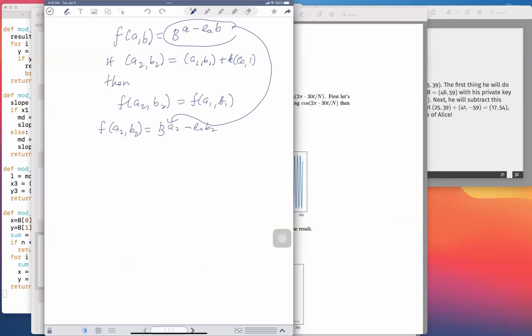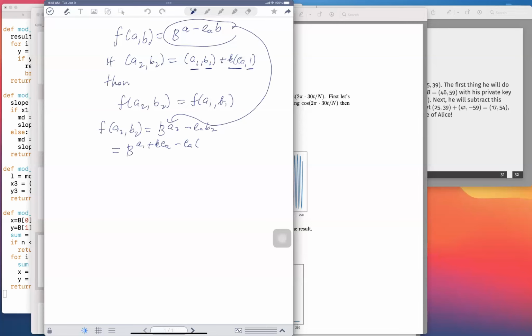But we know that A2 is equal to A1 plus K EA, so this one is A1 plus K EA, and this minus EA, but we know that B2 is equal to B1 plus K.